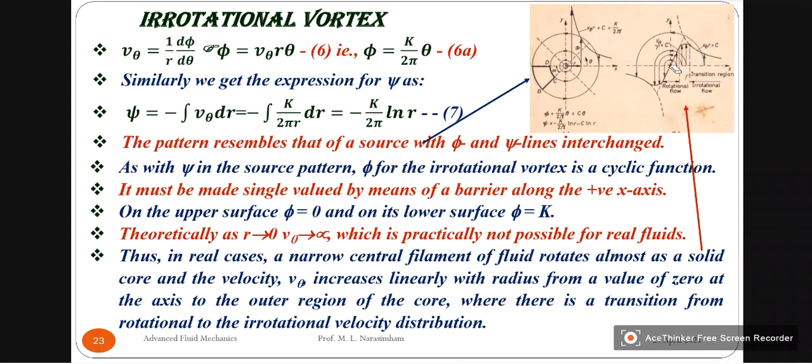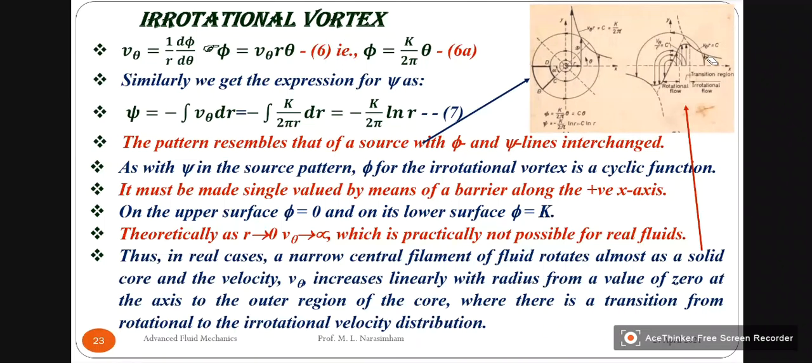So the velocity will be 0 at the center and will increase up to a certain extent, and from there it will be this velocity distribution. So what does it mean? It means that even in the case of an irrotational vortex, there will be a central core where the flow is rotational.